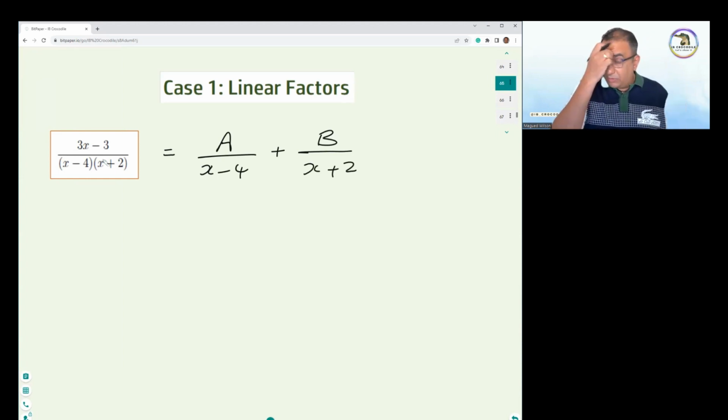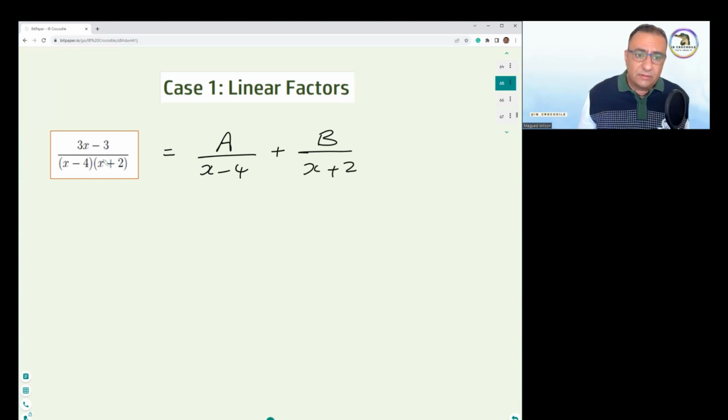Now here is the important remark: the numerator, or the constant, has to be 1 degree lower than the degree of the factor in the denominator. You see x minus 4 here is linear, as we agreed, and it's first degree.